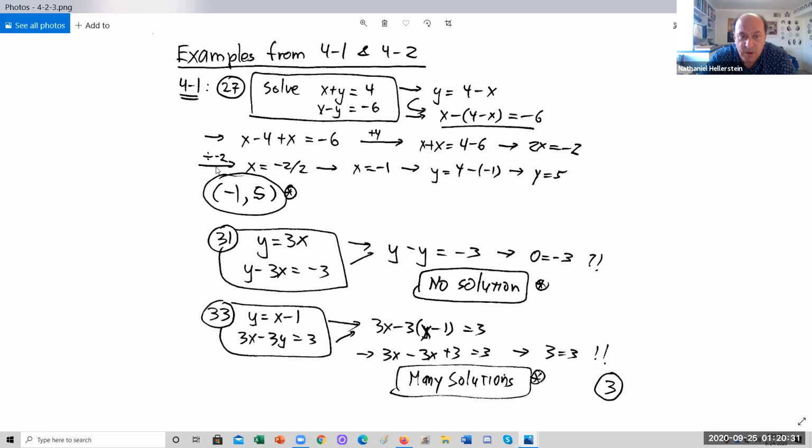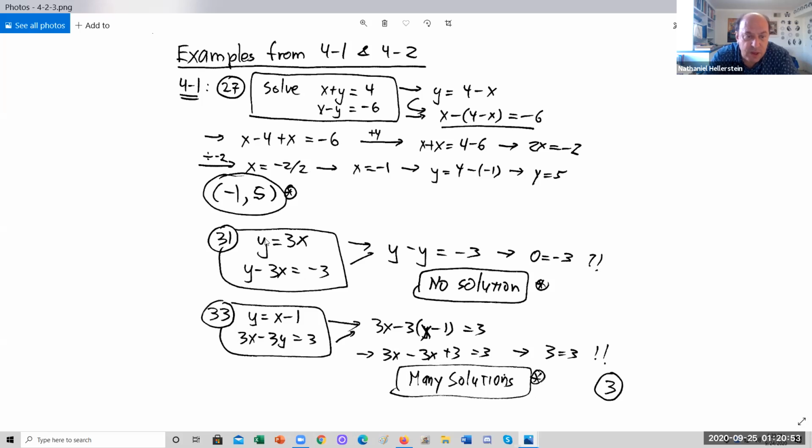Divide by 2. And so you get x equals negative 2 over 2, so x is negative 1. Plug in negative 1 for x here. y is 4 minus negative 1, which is 5. So the solution is negative 1 by 5.